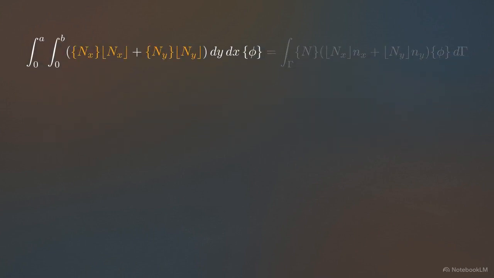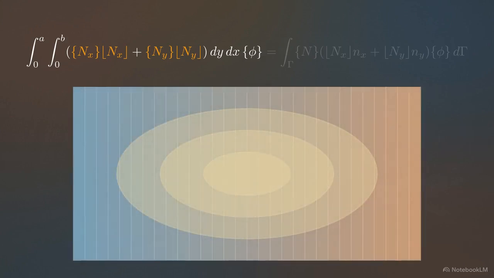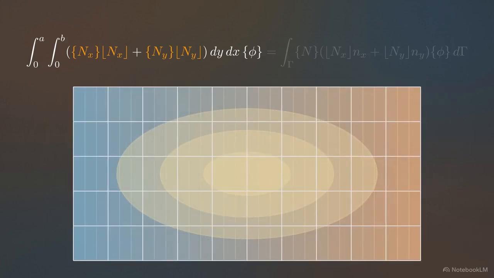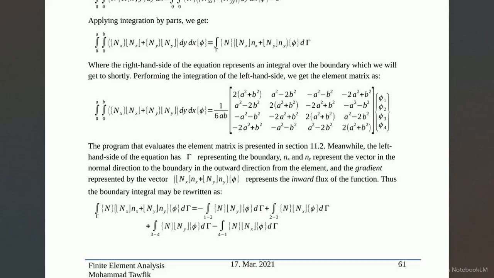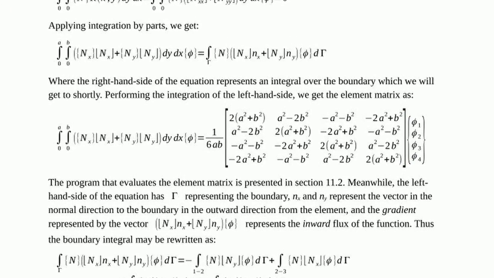Because the domain integral now depends strictly on first-order derivatives of known shape functions, we can evaluate it completely using standard calculus. Carrying out full integration over the physical dimensions a and b yields this specific result: the explicit 4x4 matrix scaled by a fractional multiplier. Looking closely at this evaluated matrix, you can see it is populated entirely by a squared and b squared terms.